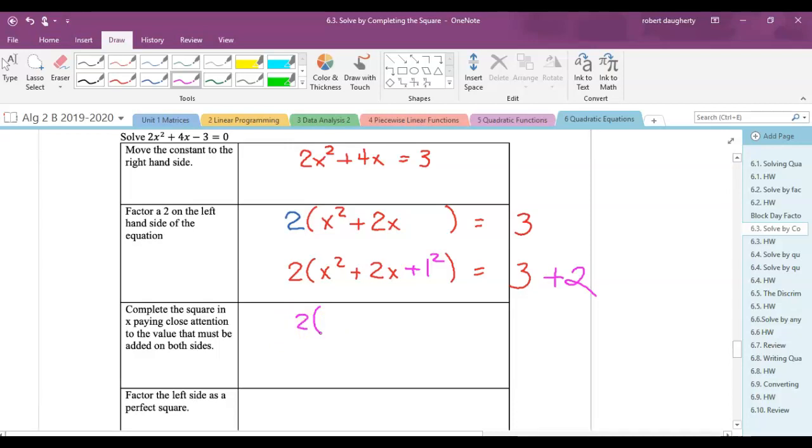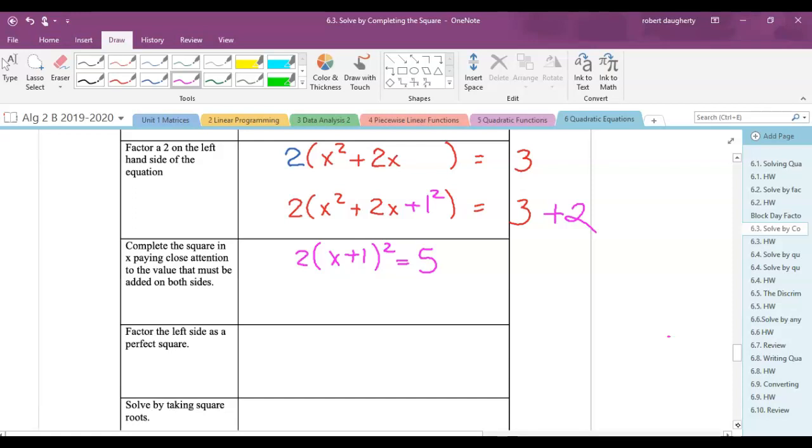This is now a perfect square. What is this? This is x plus 1 squared equal 5. Okay? Now, to solve this by taking the square roots, what do I have to do first? Yeah, divide everything by 2.